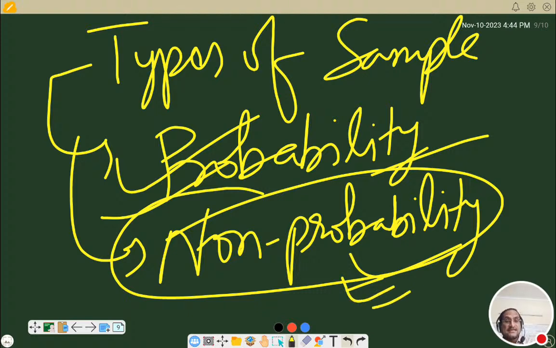In this case, when it is not based on any mathematical formula, the chance of the sample being representative is very less, because we are showing our bias, selection bias, selecting the people who are very near to us. Like if you are staying in Rajendra Nagar, you will reach only people from Rajendra Nagar, students from Rajendra Nagar, that too who are near your flat, near your home, near your house.